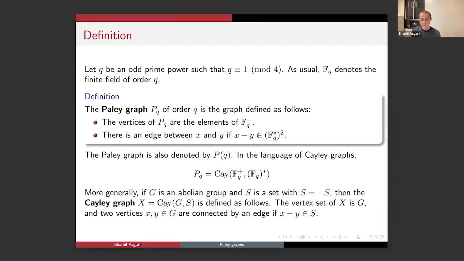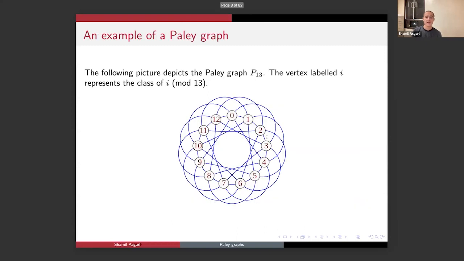So in the case of the Paley graph, the group G is the additive group of a finite field, and the set S is the set of squares in the finite field. And here is a picture of one of the Paley graphs. This picture is the Paley graph of order 13.